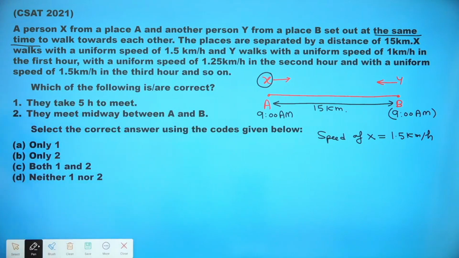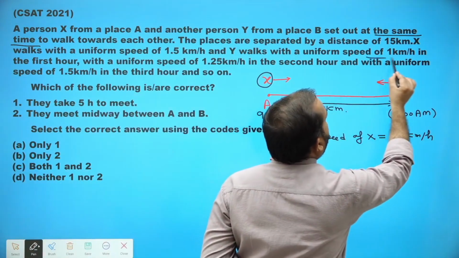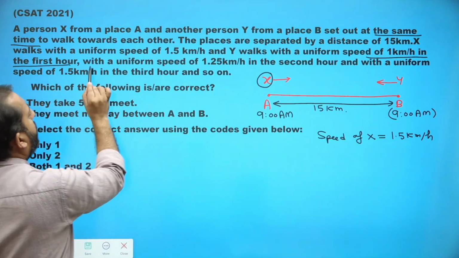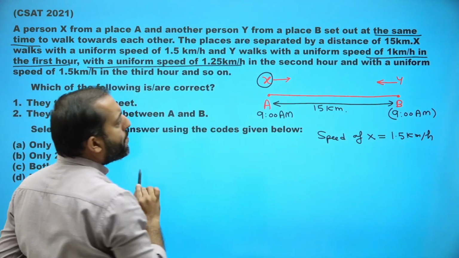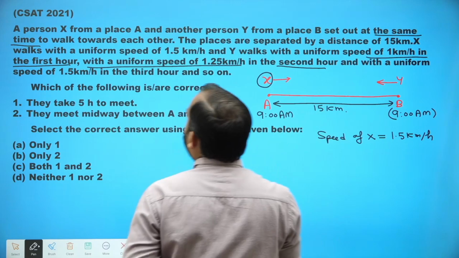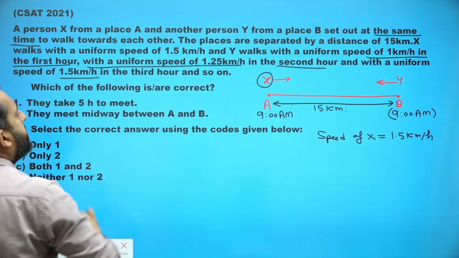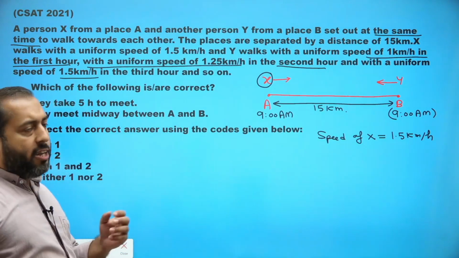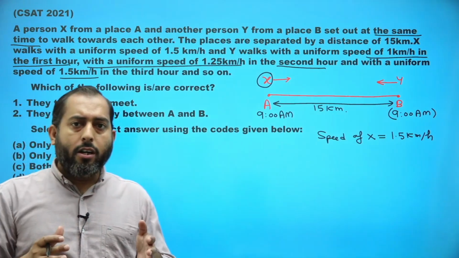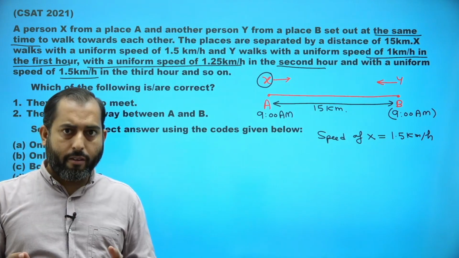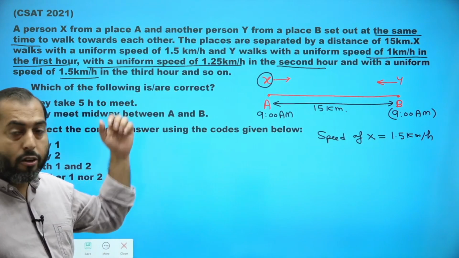And Y walks with a uniform speed of 1 kilometer per hour in the first hour, with a uniform speed of 1.25 kilometers in the second hour, and 1.5 kilometers in the third hour, and so on. So the speed of Y is changing after every hour. Keep this in your mind.